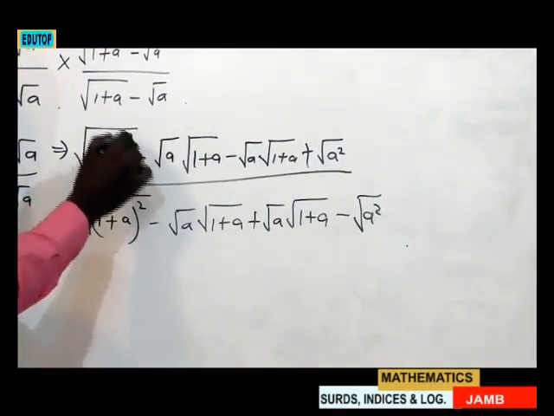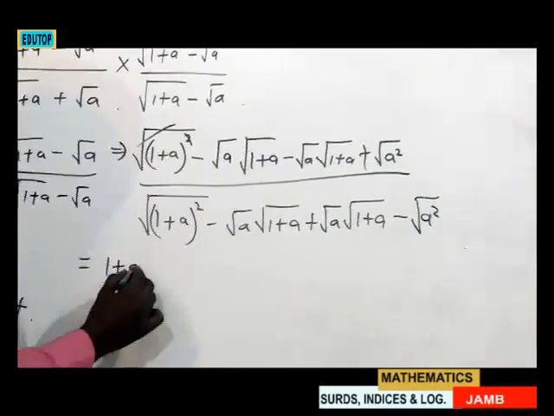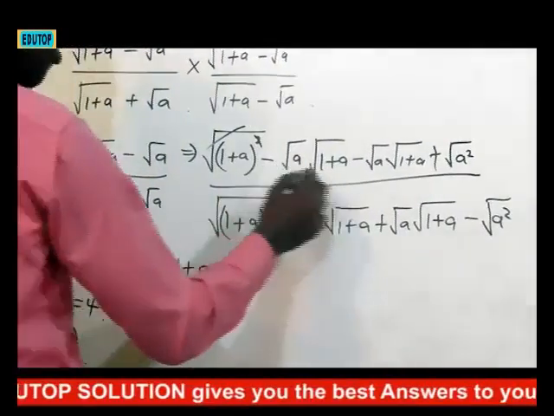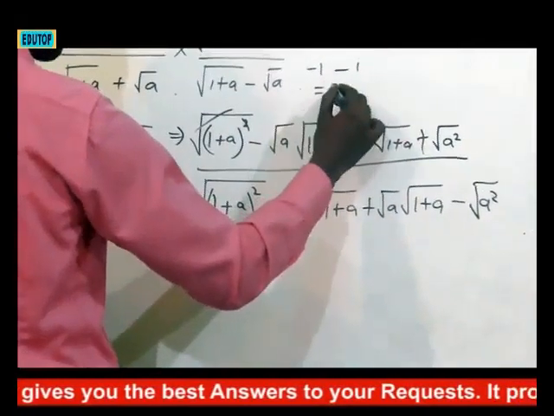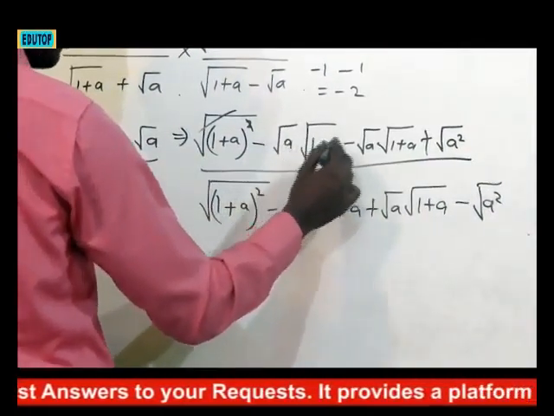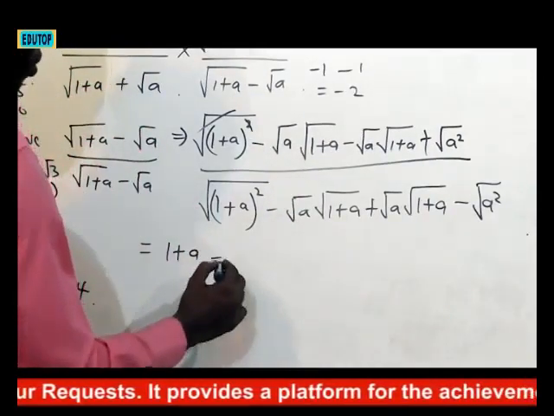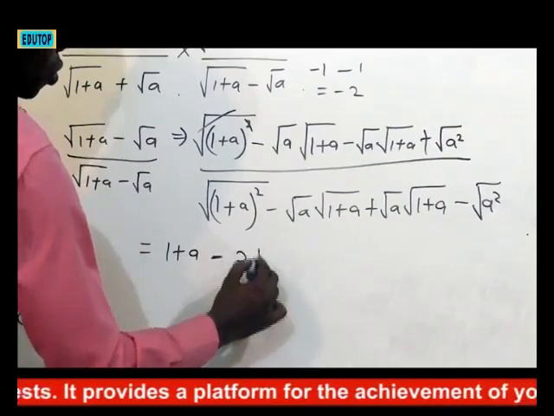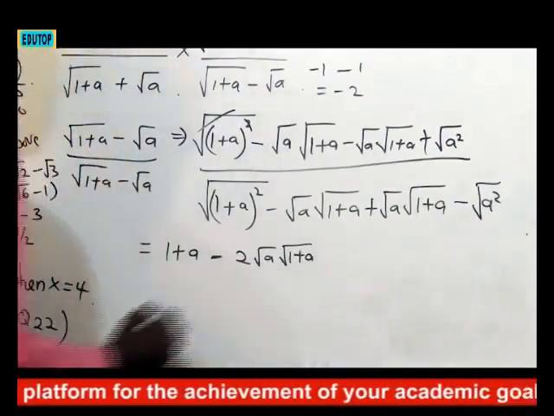Now this square, remove the root, then I have 1 plus a. This one and this one, they are 2 now. If you have minus 1, it will be minus 2. So we have minus root a root 1 plus a, minus root a root 1 plus a. It will be minus 2 root a root 1 plus a.